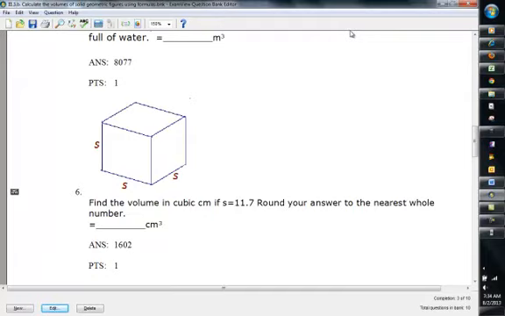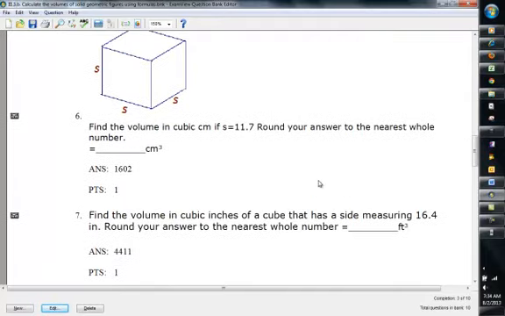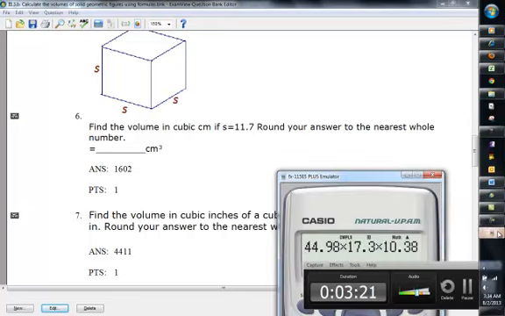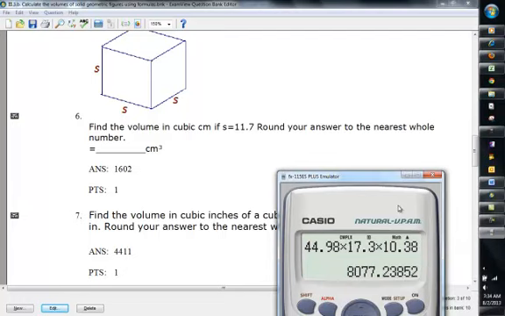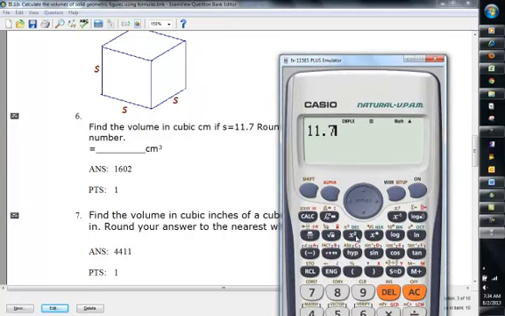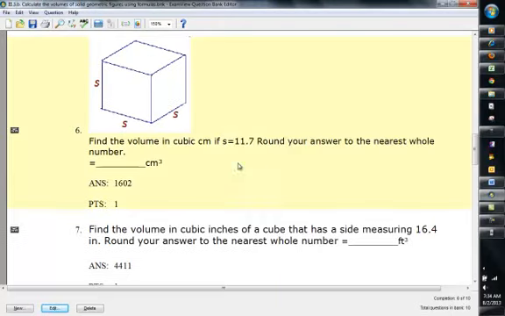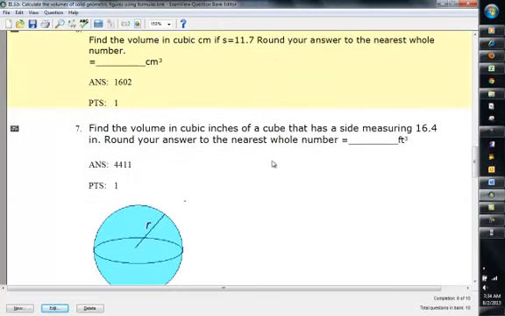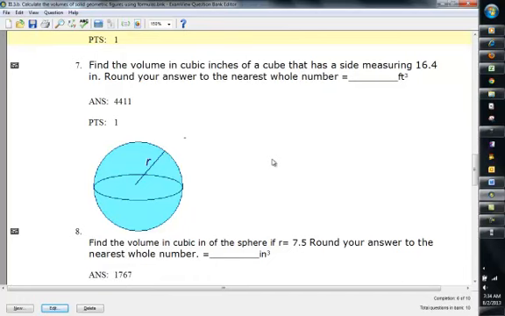So that's okay. Now it's a cube, 11.7 on each side. So in our calculator, we could just take 11.7 and then press the to the third, and then we would get 1601.6, round to the nearest whole number is 1602.